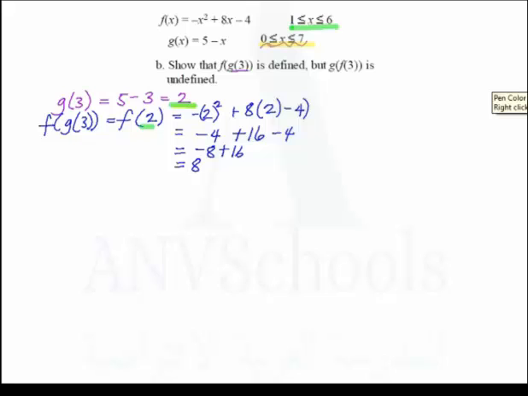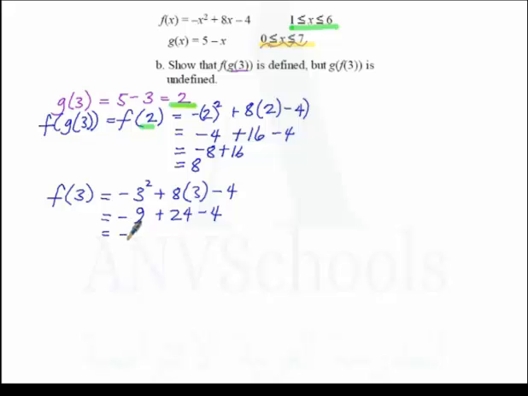So we will get f of 3 first. Our f of 3 is equal to negative 3 squared plus 8 times 3 minus 4. And that will give us negative 9 plus 24 minus 4.